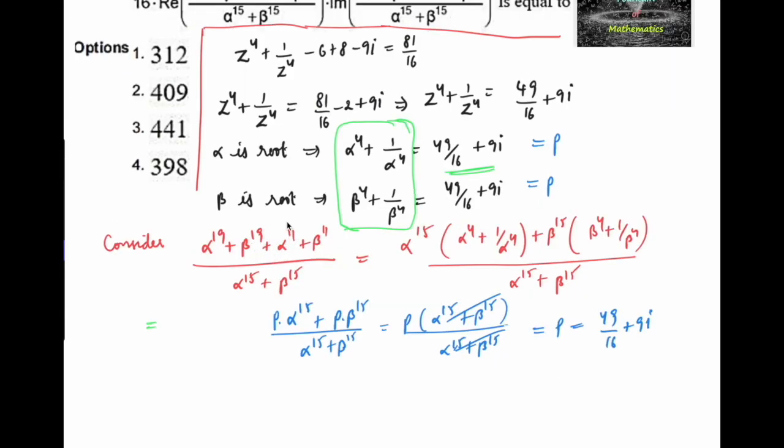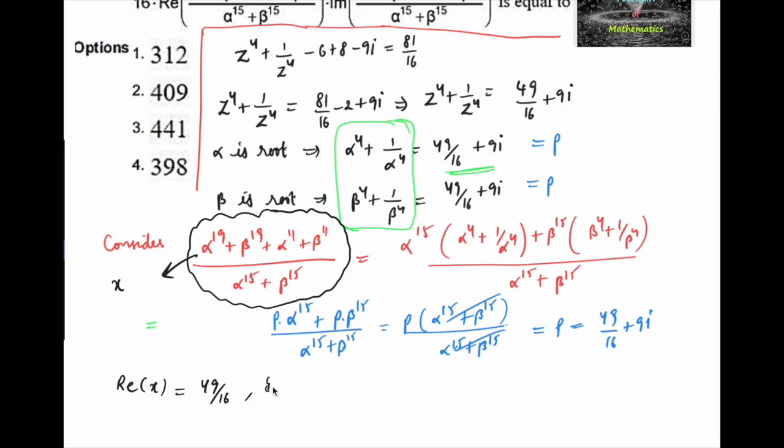So now the real part of this (α^19 + β^19 + α^11 + β^11) divided by (α^15 + β^15), let us consider it to be something x, so that the real part of x is equal to 49/16 and the imaginary part of x is equal to 9.